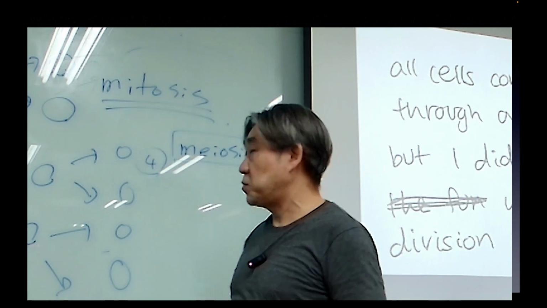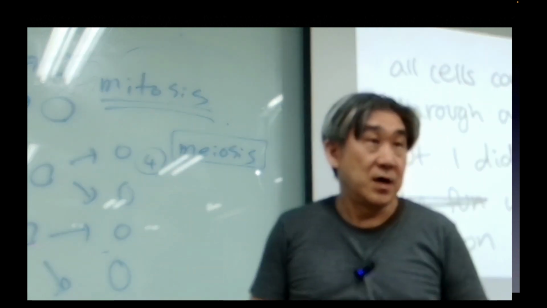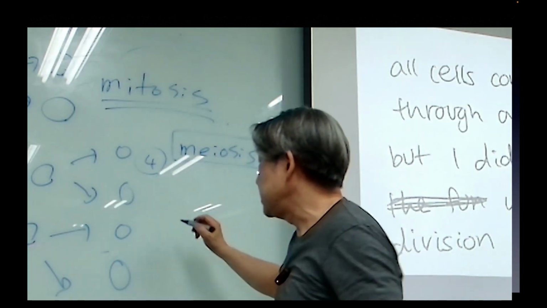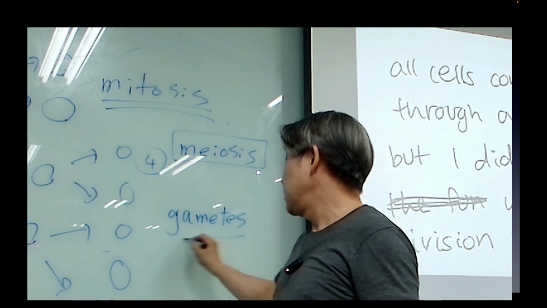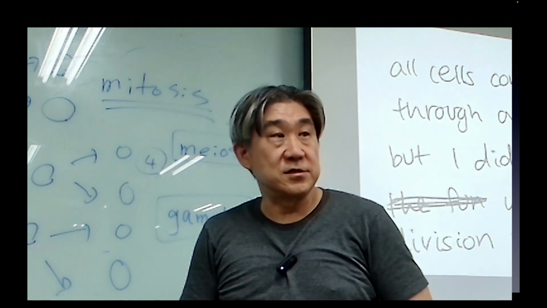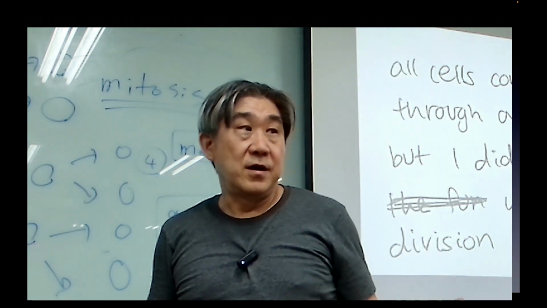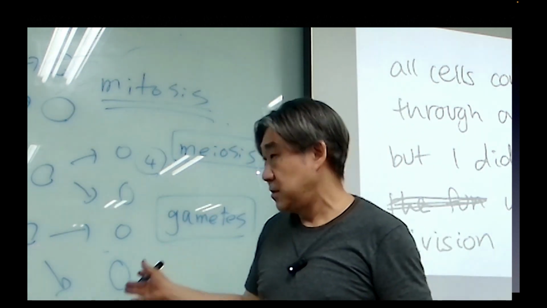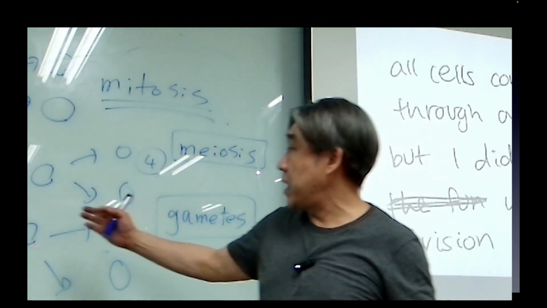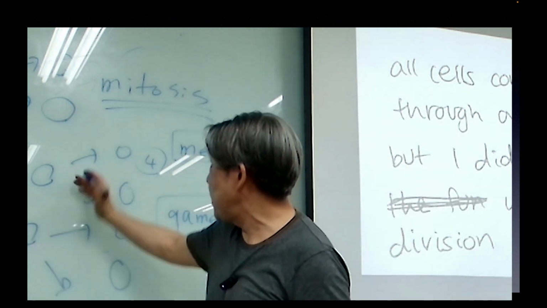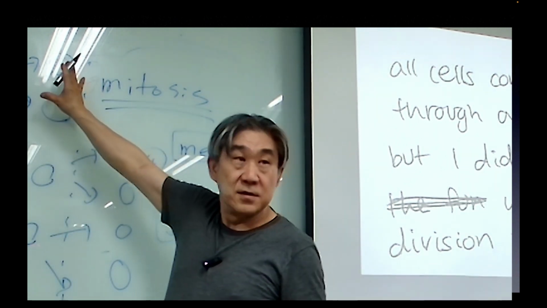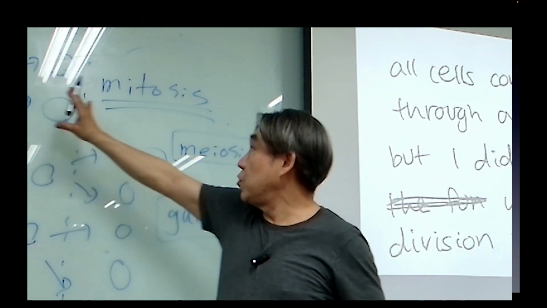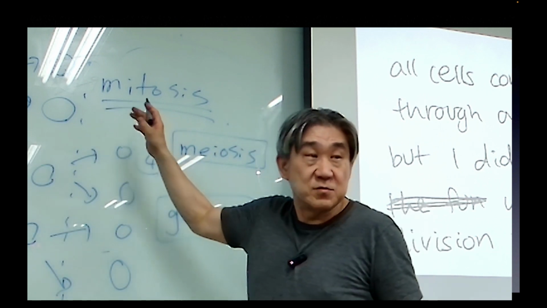And this special type of cell division, meiosis, is only for gametes. What's a gamete? Sex cells, sperm and eggs. And in gamete production, there is a specific reason why you cannot stop at this point, just like in the normal, so to speak, cell division, which is mitosis.